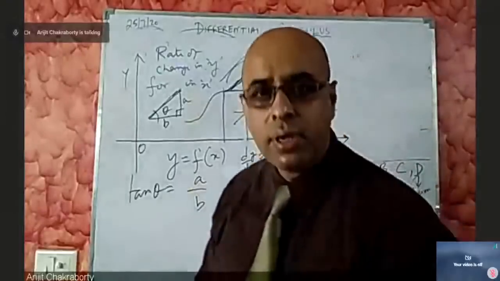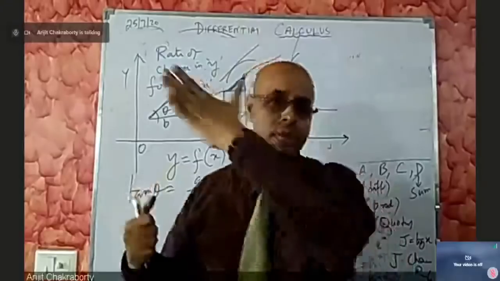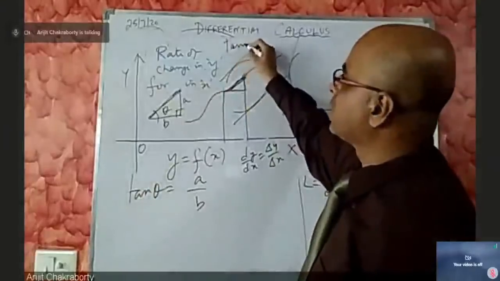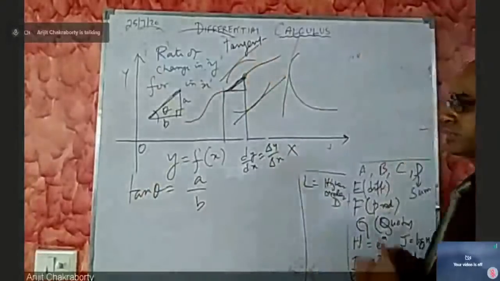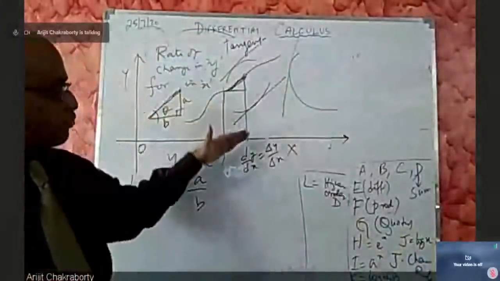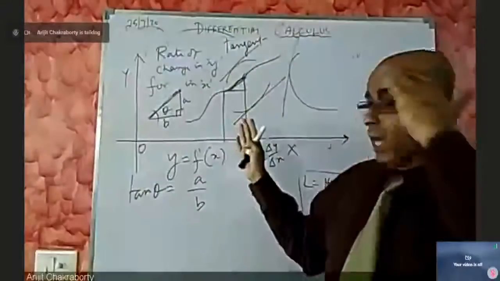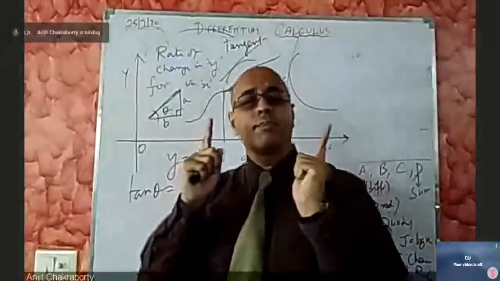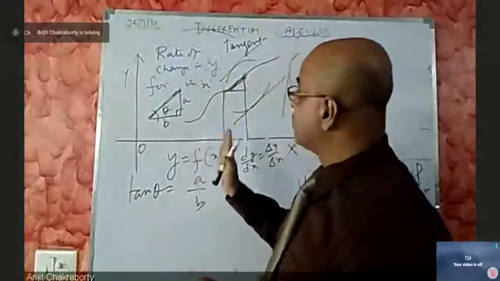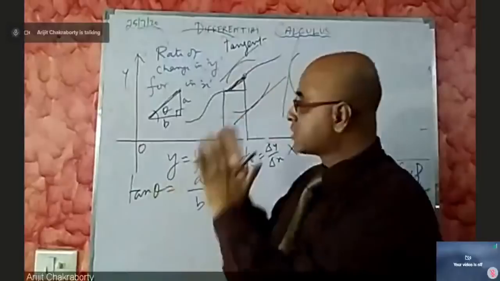So the slope, geometrically speaking, derivative means tangent. Tangent to a curve. This is how it is shown. Any graph, any function can be graphically shown like this, and the derivative, the differential coefficient at a particular point, means the tangent at that particular point, and that is measured by the slope.